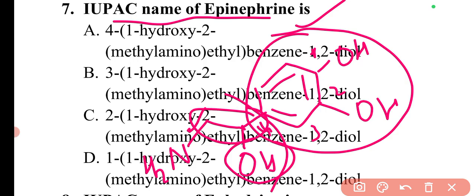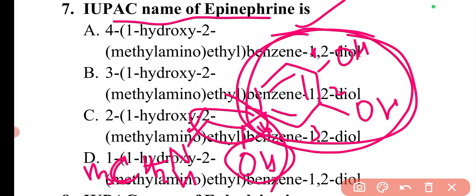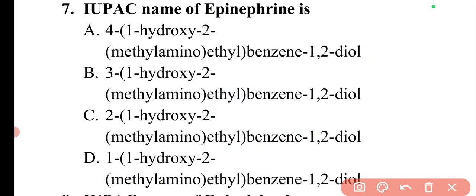So this is the ethyl group. This is NHCH3. Okay, so this is the compound. So 1-hydroxy-2-methylaminoethyl, and the rest of the group is benzene-1,2-diol. So here the correct answer will be option number A.